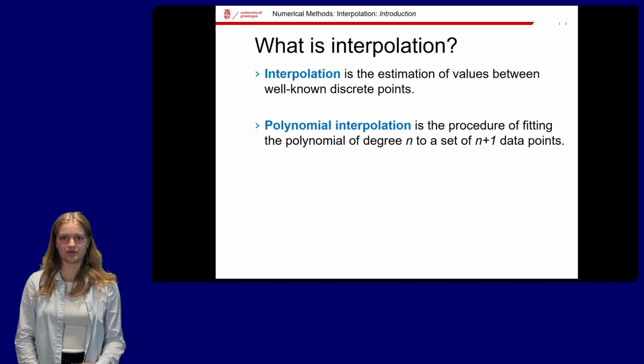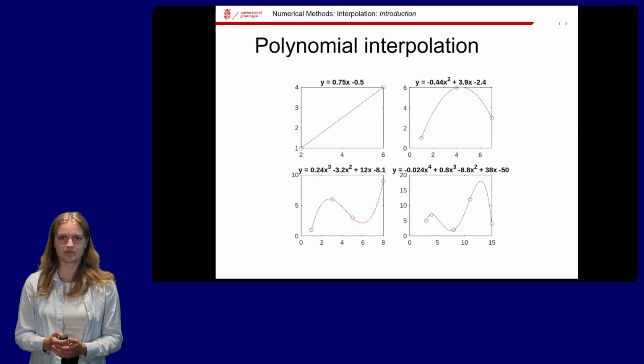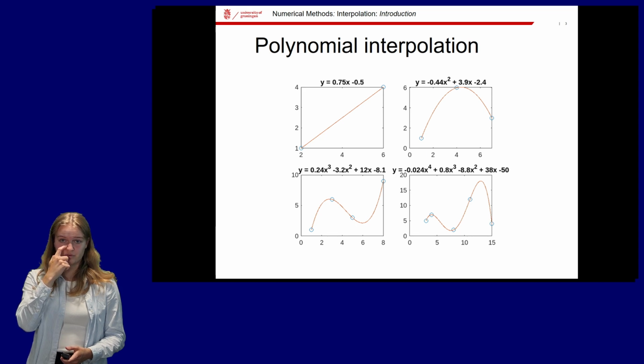And here you try to fit a polynomial through the data points. If you are given n+1 data points, you can fit a polynomial of degree n through these points. An example of this is given in these 4 figures.